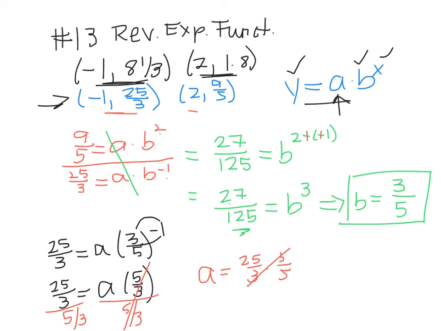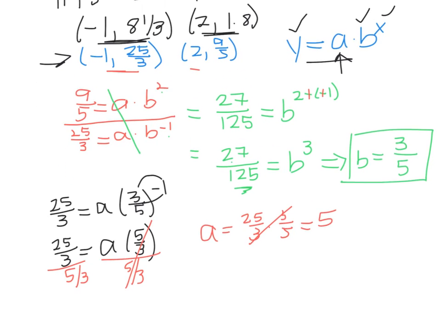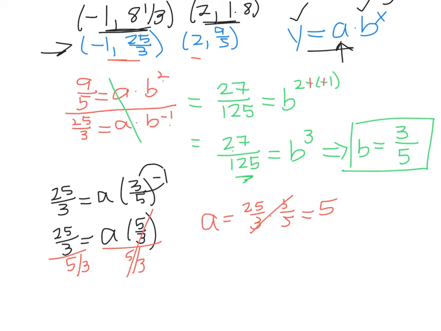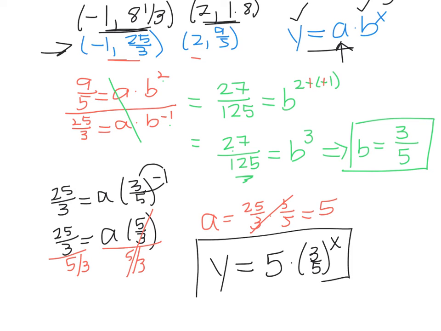So my 3's are going to cancel, and 25 divided by 5 is 5. So now that I know that a is 5, I can rewrite my final equation as y equals my a value of 5 times my b value, which is 3/5, raised to the power of x. And this right here is my final answer.